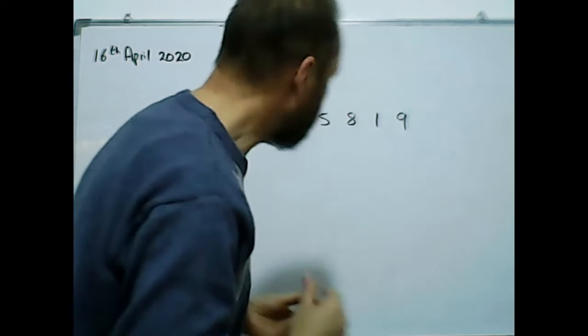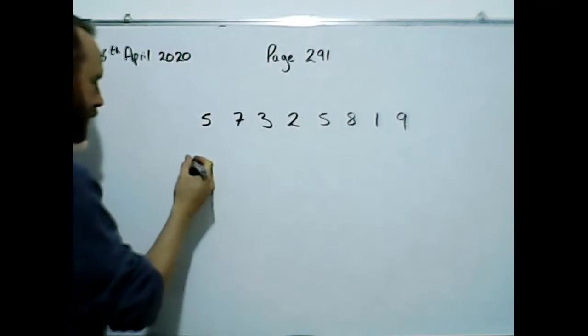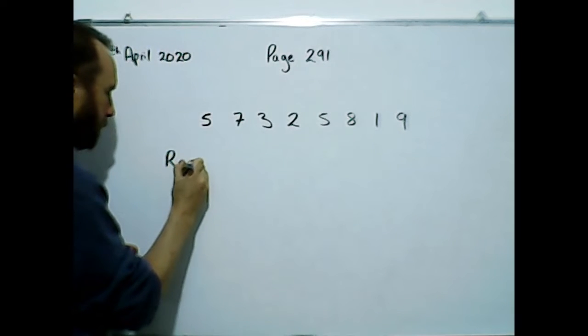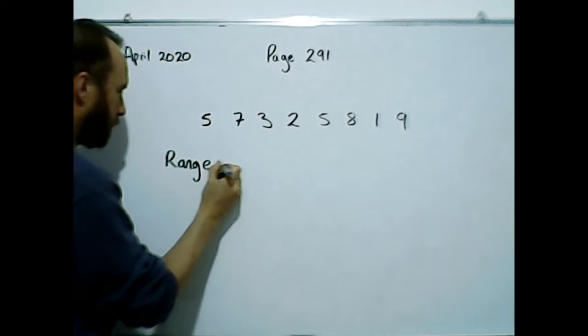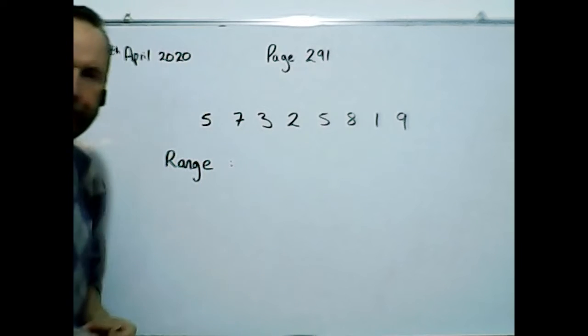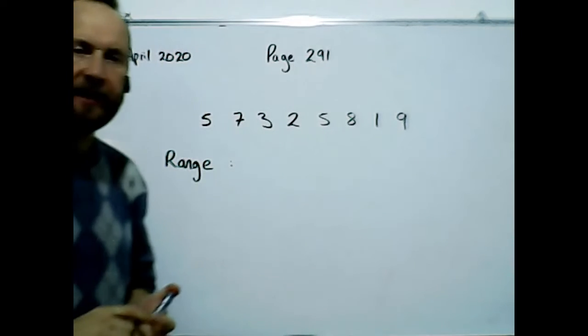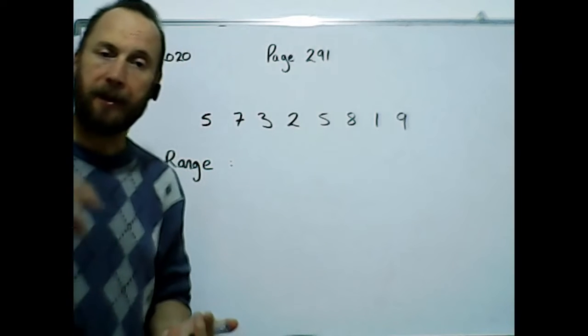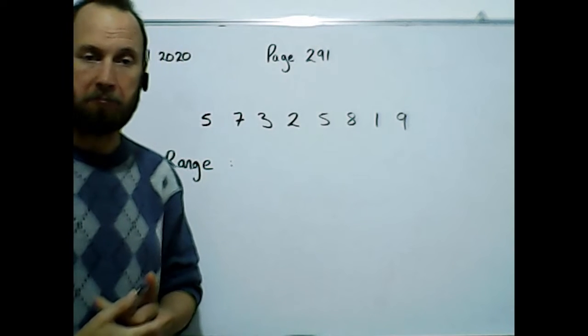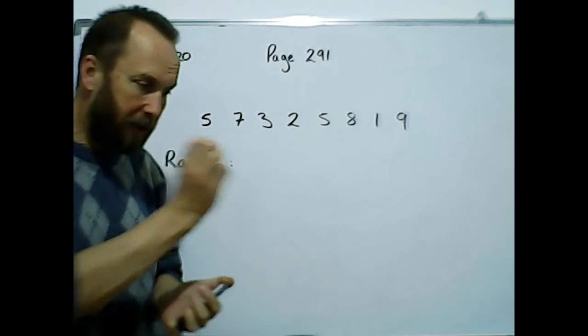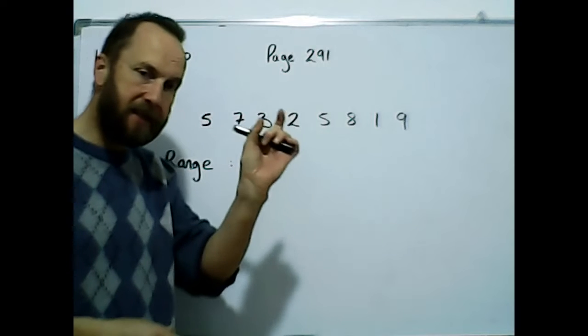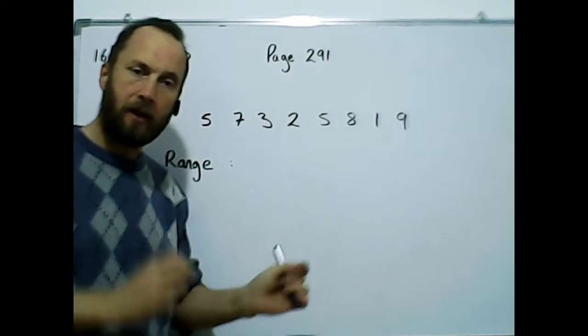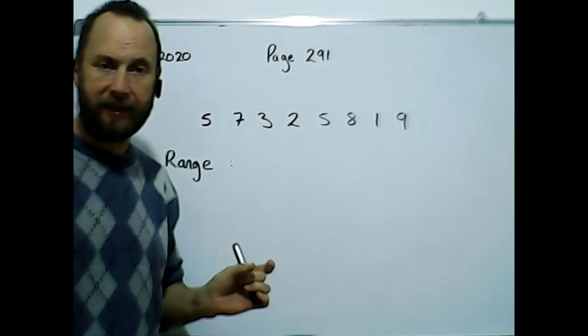Right. Let's do the range first. The range is easy. The range is just the difference between the smallest number and the biggest number. That's all it is. So look at your information. Which is the smallest value? Which is the largest value?